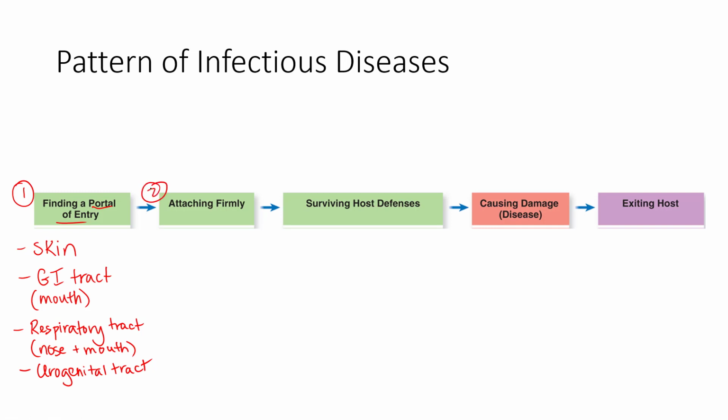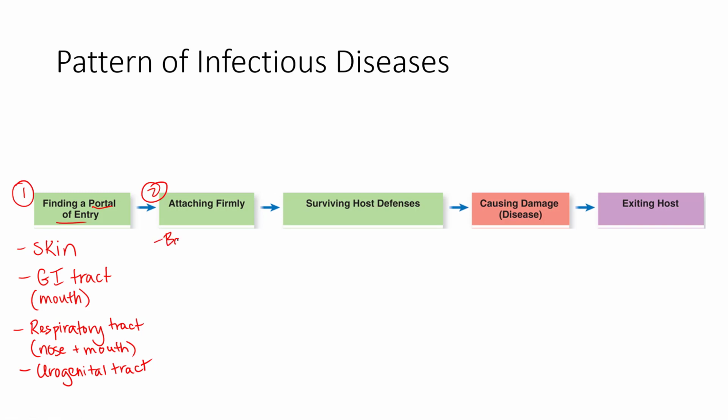And then what happens? They attach firmly. So once those microbes get in, they need to make sure they're not flushed out, because remember, the body has flushing mechanisms. There's mucus layers, there's stomach acid, there's just the process of urination that's continuously flushing our body. And so in order for that pathogen to establish an infectious disease, it needs to be able to attach.